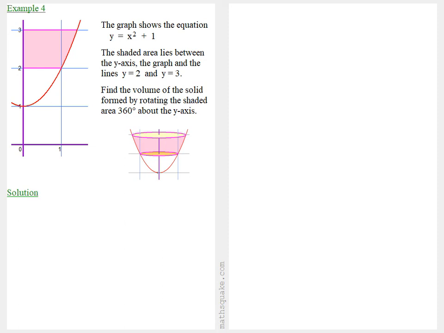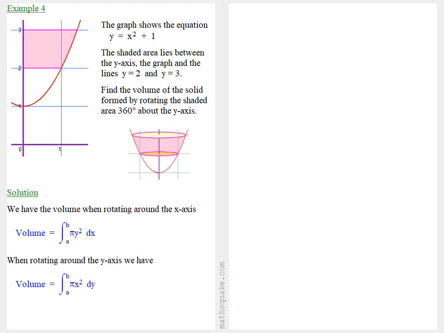So to solve this, we have the volume when rotating about the x-axis as the integral of pi y squared dx between the limits x equals a and x equals b. But when rotating around the y-axis, this will become the volume is equal to the integral of pi x squared dy between the limits y is equal to a and y is equal to b.